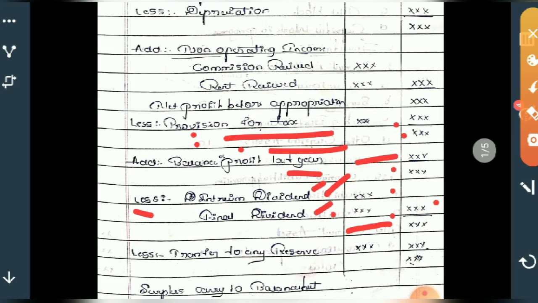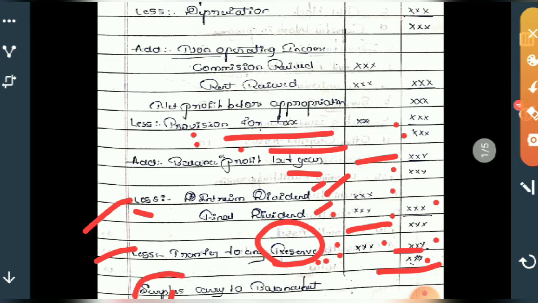If any amounts are transferred to reserves, such as general reserve, capital reserve, dividend equalization reserve, or any type of reserves, you have to deduct that here. After deducting the dividend and reserve transfer items, you will get one particular amount. That is the surplus amount, and you have to take that surplus amount to the balance sheet.